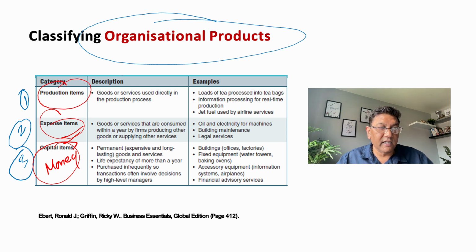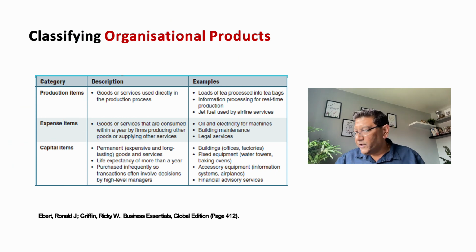The money is involved there as well, but the cost of production items and expense items depends on how much you are producing. For example, instead of 500 pieces, you are producing 1000 pieces.